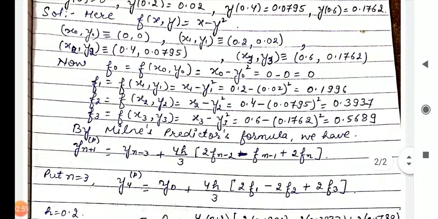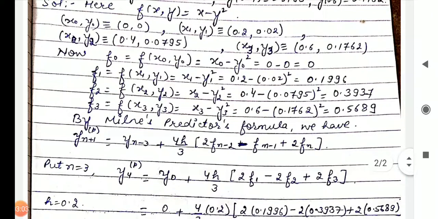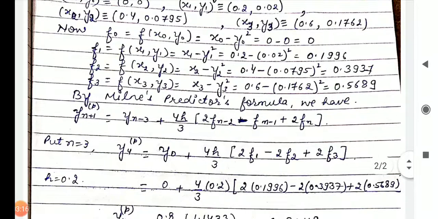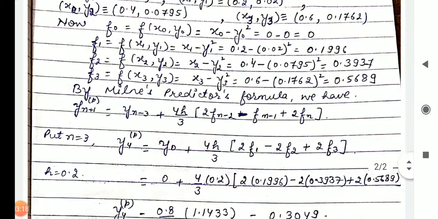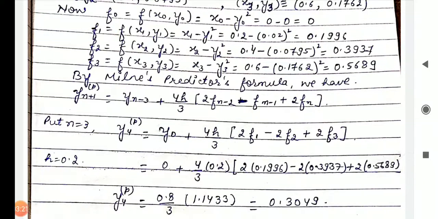By Milne's predictor formula, we have the predicted value of y_{n+1}^P equal to y_{n-3} plus 4h upon 3 times (2 f_{n-2} minus f_{n-1} plus 2 f_n). We have substituted n equal to 3 in this formula, and the values of the other terms which we have calculated above.